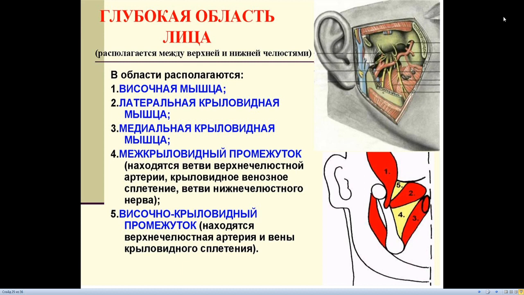It forms the space which is bounded from the lateral side by the ascending branch of the mandible, anteriorly by the tuber of maxilla, medially by the pterygoid process of the sphenoid bone, and superiorly by the base of the skull, where it's filled by the muscles, adipose space, vessels and nerves.